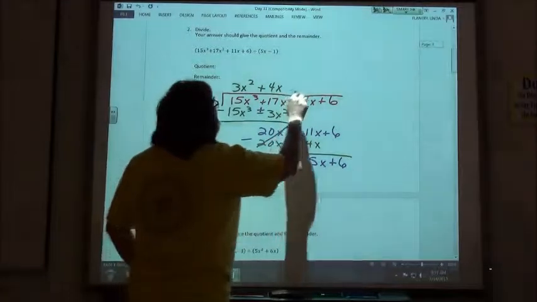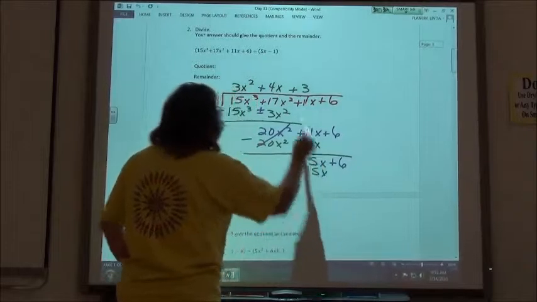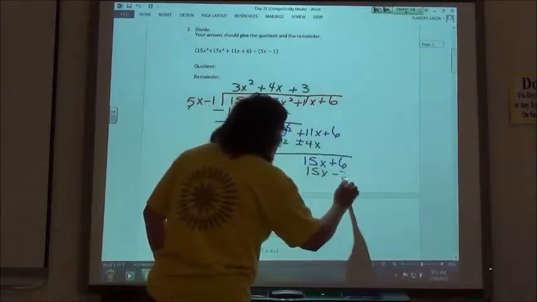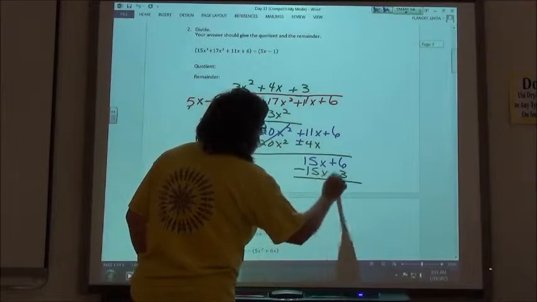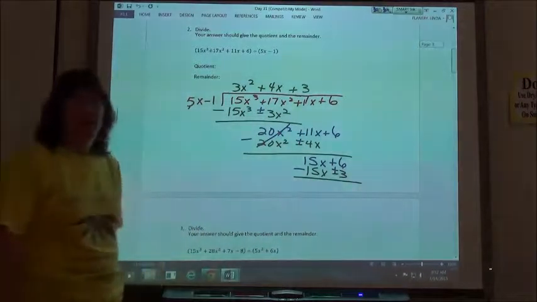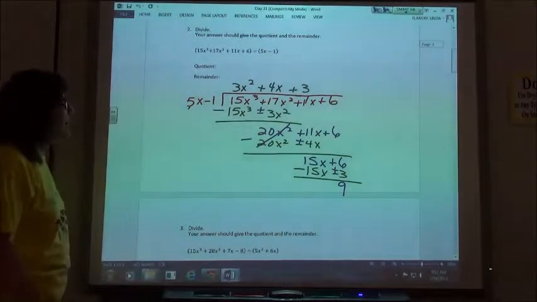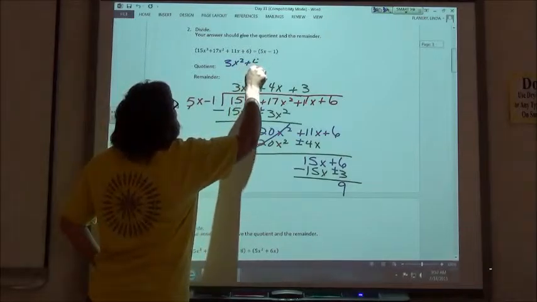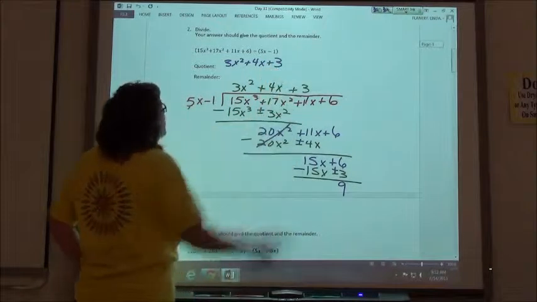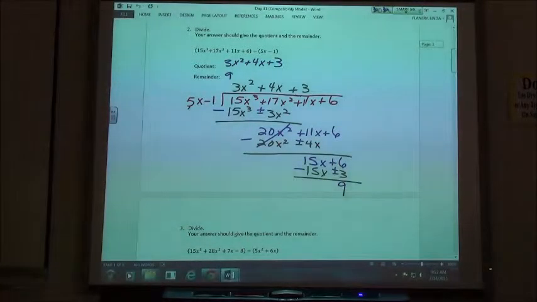Plus 3 up there. 3 times 5x is 15x. 3 times a minus 1 is a minus 3. But then we have to subtract. So we change our signs, and our remainder, 9. Almost like remainders of 9 today. So 3x squared plus 4x plus 3 is our quotient. 9 is our remainder.